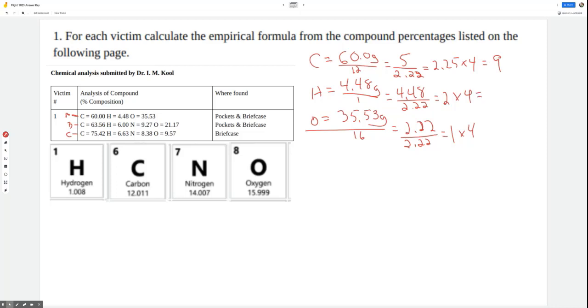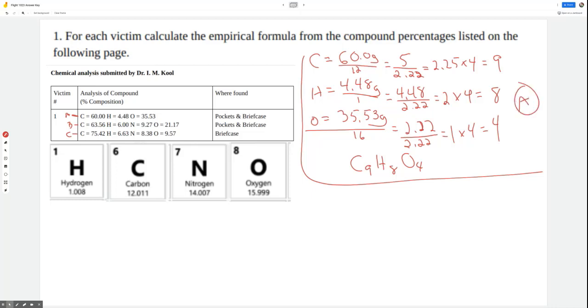And then the others were already whole numbers, but we're increasing those numbers by 4, which now gives me a whole number ratio that I can use as a formula, and that is C9H8O4. Okay, so that's compound A, we're going to call it. And we'll look up what that compound actually is in a minute.